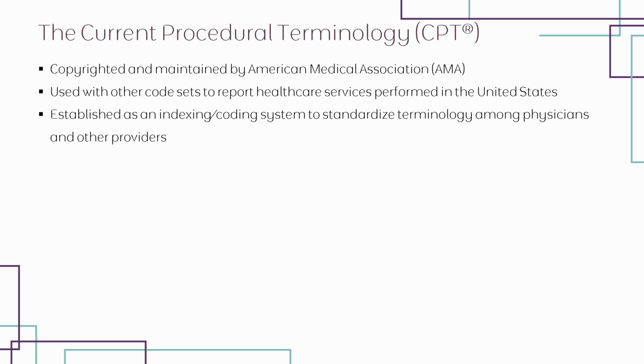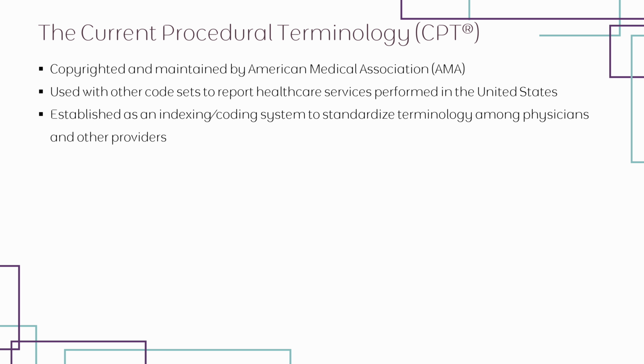Maintained and copyrighted by the American Medical Association, or AMA, the CPT code set works in conjunction with other federally mandated code sets that are established by the Department of Health and Human Services and related agencies for standardized healthcare reporting and reimbursement. Originally published in 1966 by the AMA, the CPT code set was created to serve as a uniform coding system, promoting consistent terminology among physicians and healthcare providers.